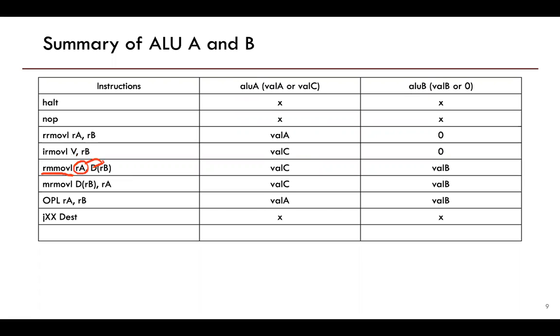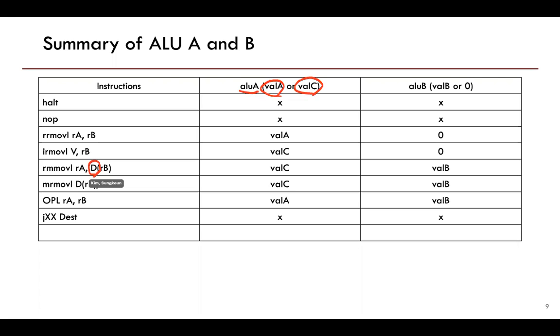Okay, so in this case, which one should we select for ALU A, value A or value C? Here, do we have a value C? Yes. What is value C here?